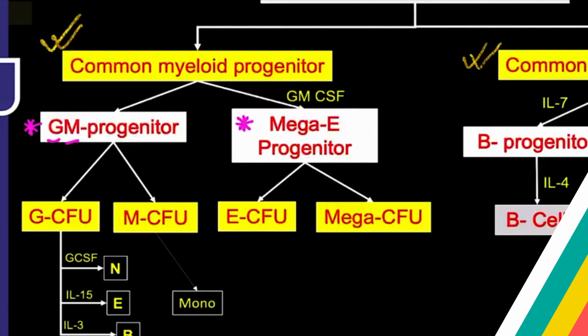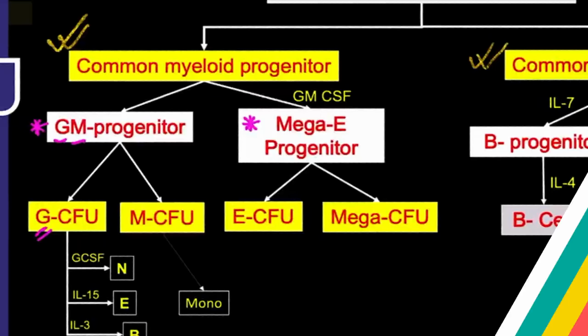Granulocyte monocyte progenitor means it will divide into granulocyte colony forming unit and monocyte macrophage colony forming unit. If you keep this cell in culture media under proper nutrition, the cells form a colony in the culture media. That's why it is known as a colony forming unit.